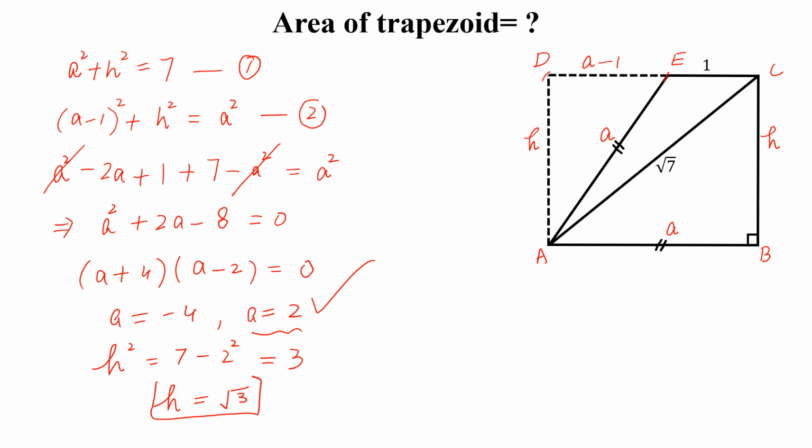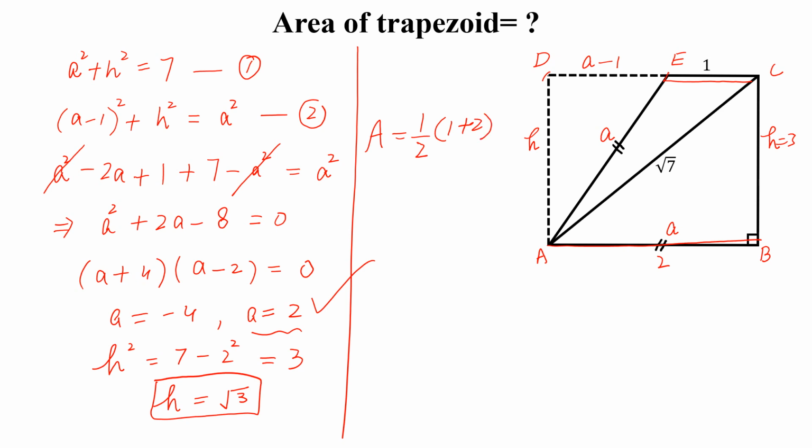Now we know that the area of the trapezoid is equal to half of this side 1 plus this length. So A is 2, so 1 plus 2, times the height, and the height is square root of 3. If we simplify this we get 3 square root of 3 divided by 2, and this is the required answer.